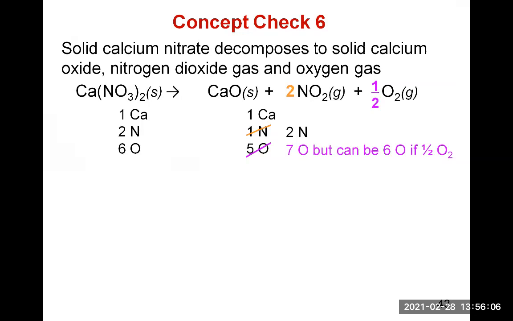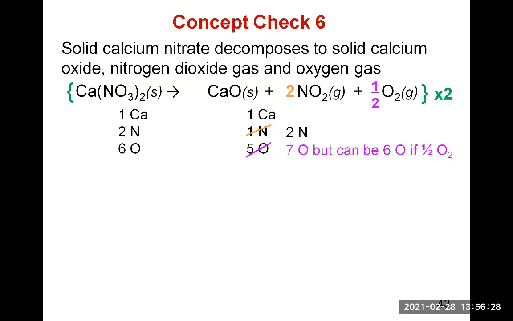However, we cannot keep coefficients as fractions. So we will need to get rid of that fraction. And to get rid of the fraction, we need to multiply all the coefficients we have now by 2 to get rid of that 1/2, right? If you multiply 2 times 1/2, it's going to be 1.